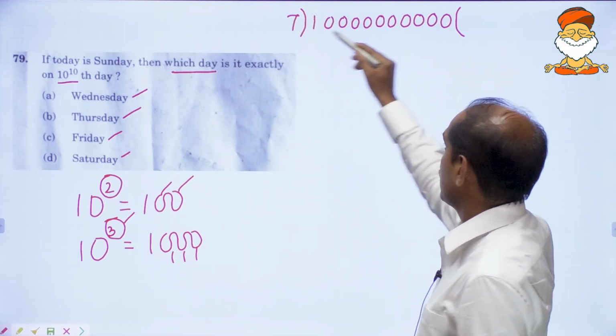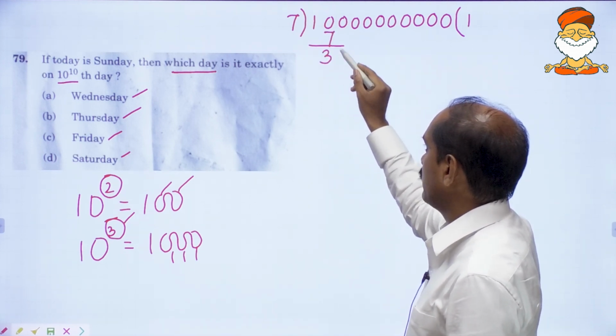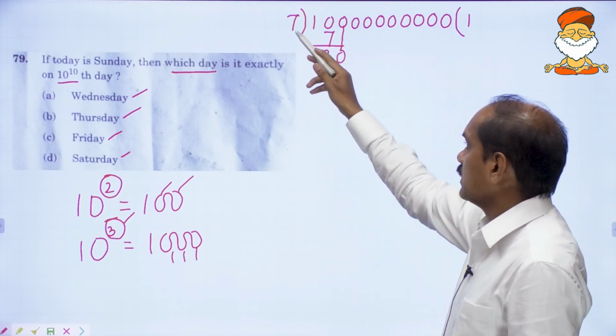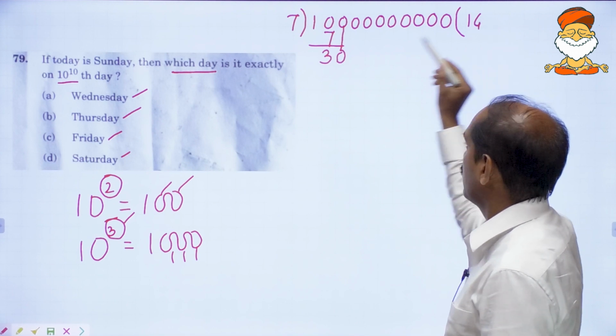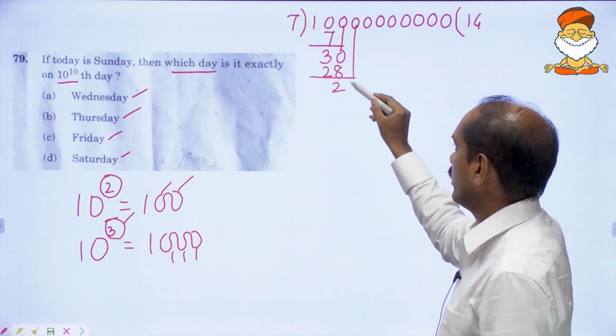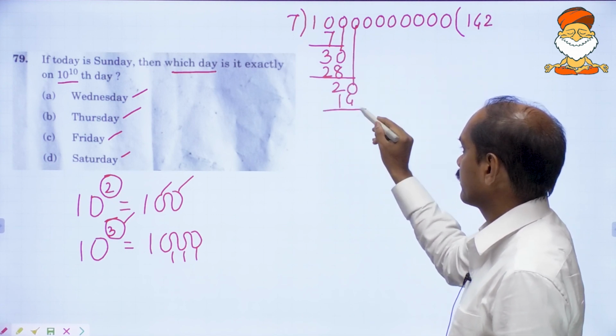So 7 ones are 7. 3 is the remainder. Now I will take this 0. 7 4s are 28. 2 is the remainder. Now I will take this 0. 7 2s are 14. 6.